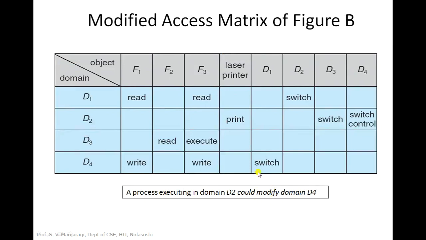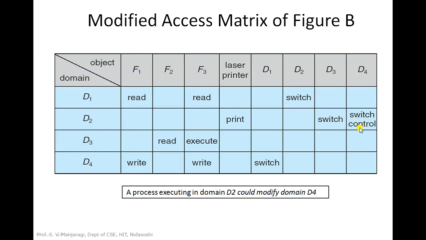Now let us look at the modified access matrix that we already discussed. Here a process executing in domain D2 could modify domain D4. In this matrix there is something called a switch that we already discussed, and there is something called a switch control.